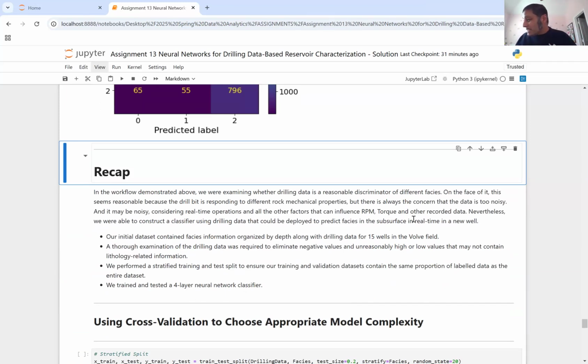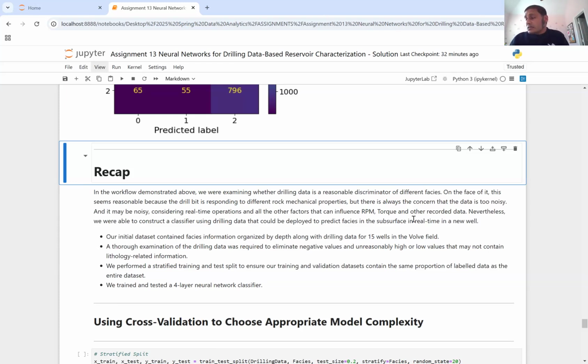We removed meaningless information associated with negative rate of penetration and weight on bit values. We also cleaned up our data set by examining the data on a well by well basis and removing wells that we thought showed some anomalous responses. And then finally, we used a training and a test split and constructed a neural network classifier that showed admirable performance against the test data set.